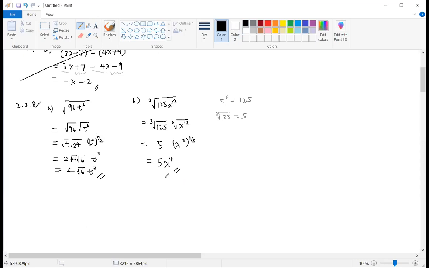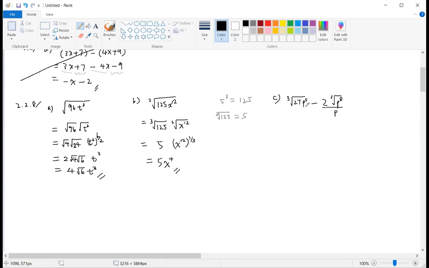Next one, C. Simplify cubic root of 27p^5 minus 2 times cubic root of p^8 over p. This is very similar to the one I showed you in class.